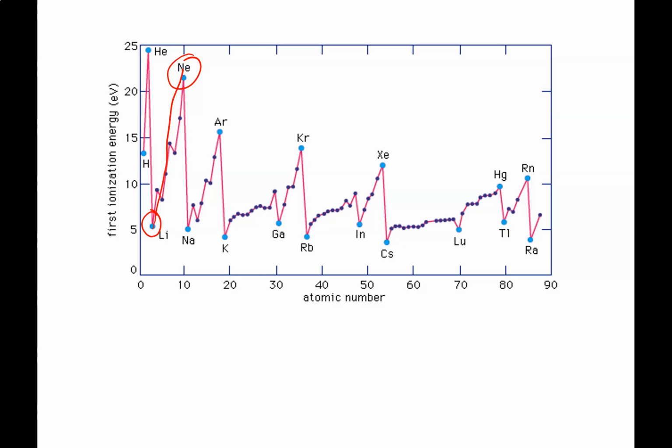Going across the third period, we see the same trend. If I look at going down a group, a good example being group 1A, lithium, sodium, potassium, rubidium, cesium, you can see that IE1 is decreasing as we go down a group, and increasing as we go across a period. So that all makes sense.